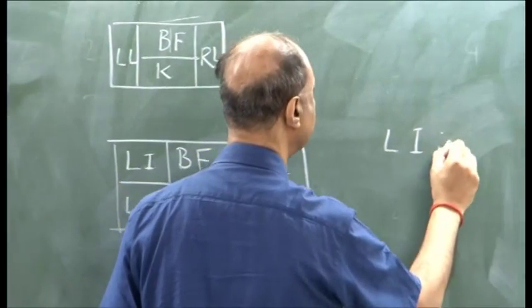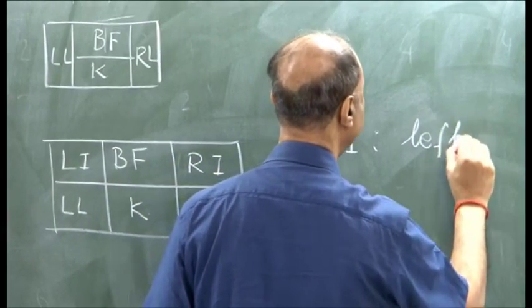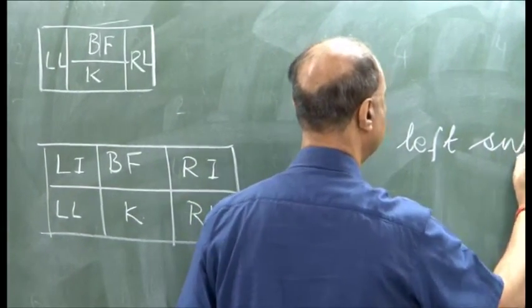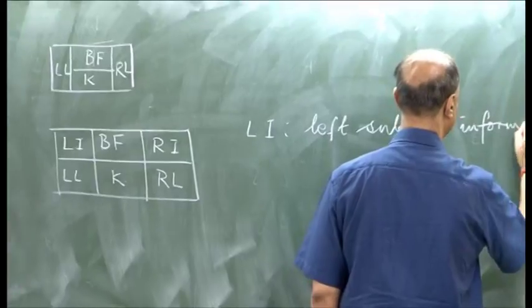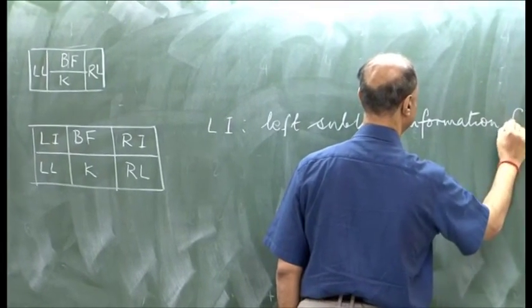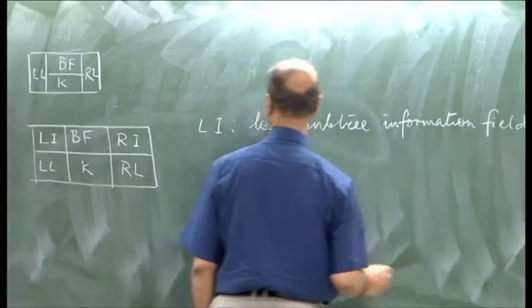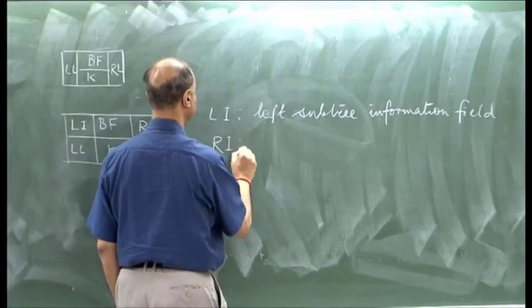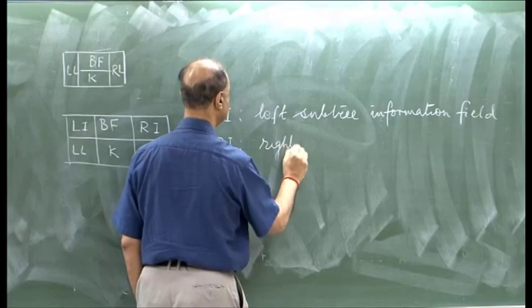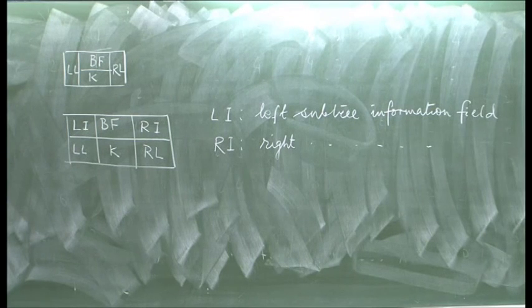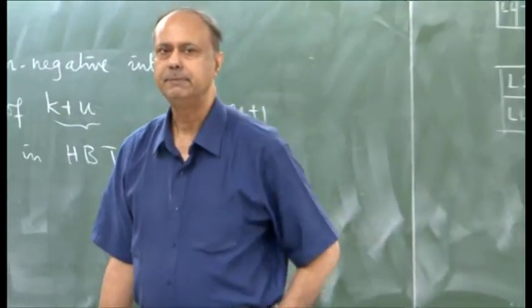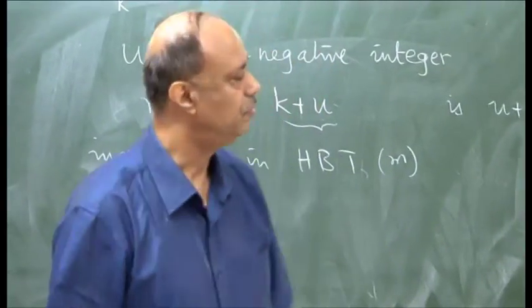Li is the left subtree information field, and Ri is the right subtree information. What I want to say is that Li will give the number of nodes in the left subtree. Ri will give the number of nodes in the right subtree.